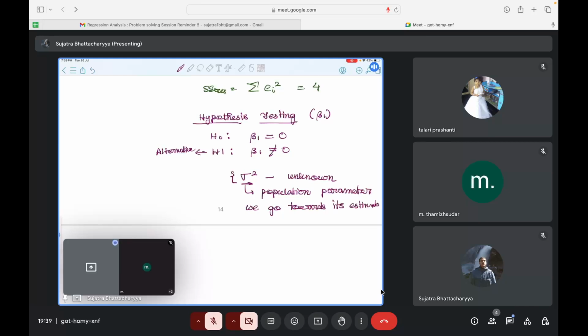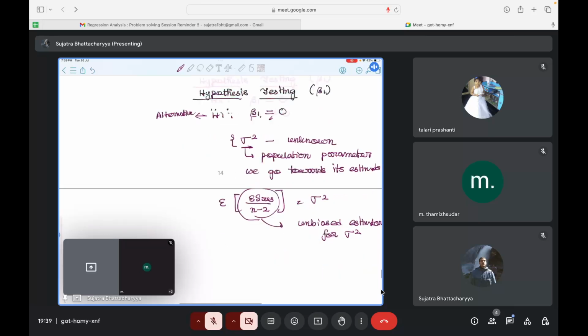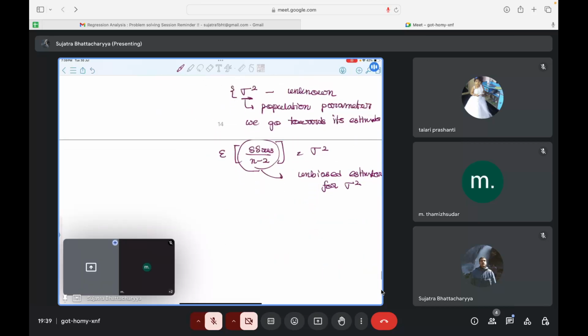I have already told you that the expected value of SS residual divided by n minus 2 is actually sigma square. So this is an unbiased estimator for sigma square, right? This is also called MS residual. So for sigma square, we will replace it with MS residual.